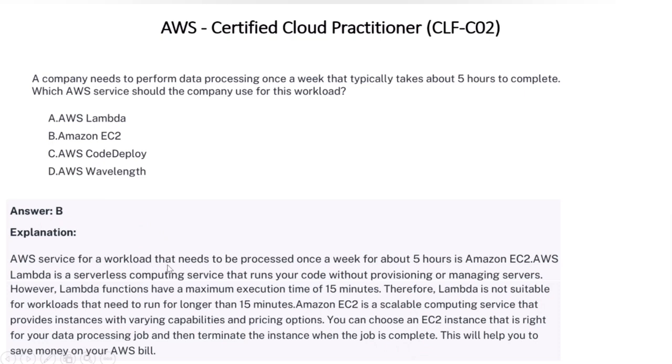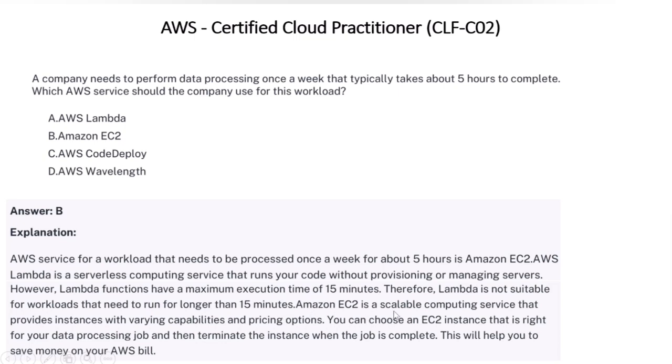The AWS service for a workload that needs to be processed once a week for about 5 hours is Amazon EC2. AWS Lambda is a serverless computing service that runs your code without provisioning or managing servers. However, Lambda functions have a maximum execution time of 15 minutes. Therefore, Lambda is not suitable for workloads that need to run for longer than 15 minutes.